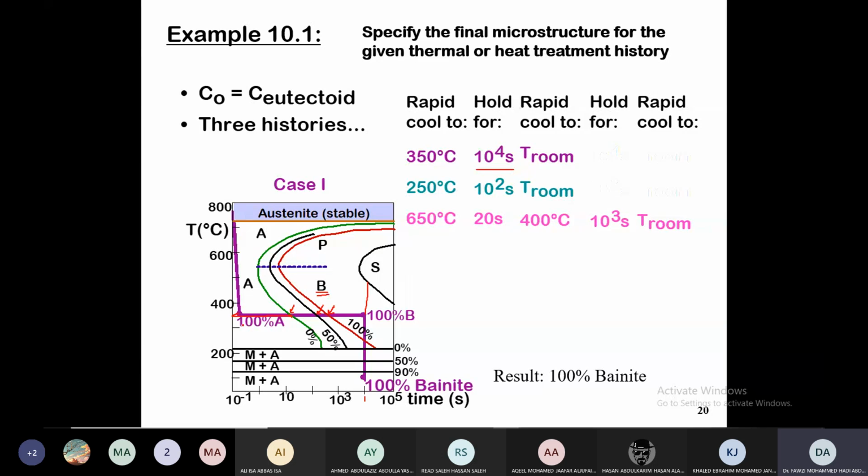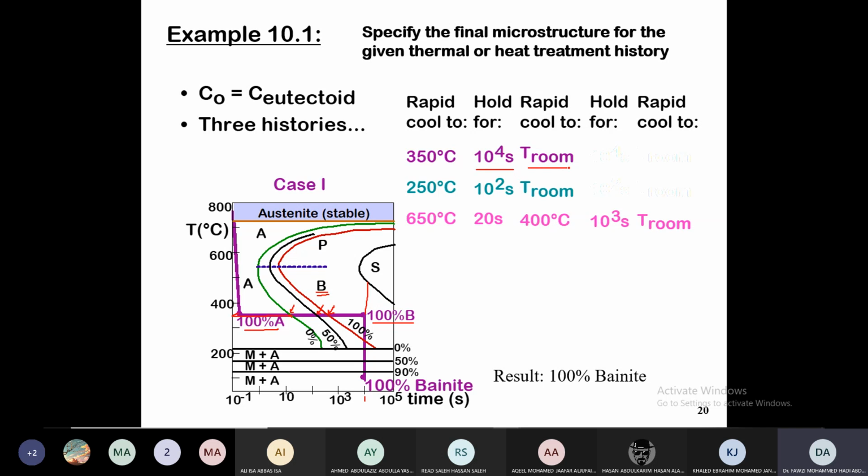To the bainite phase. So all that unstable austenite is changing into the bainite phase, and if you leave it for some time to reach 1 times 10 to the 4, everything has transformed to the bainite phase. If you keep it for that much time, the transformation will be complete to 100% bainite.